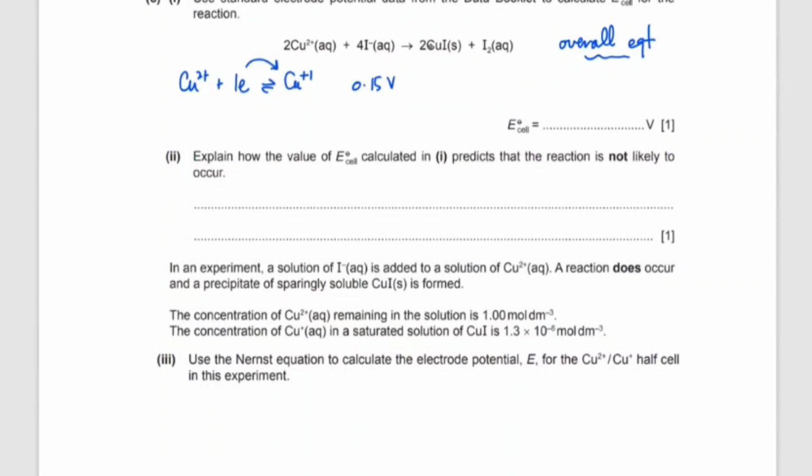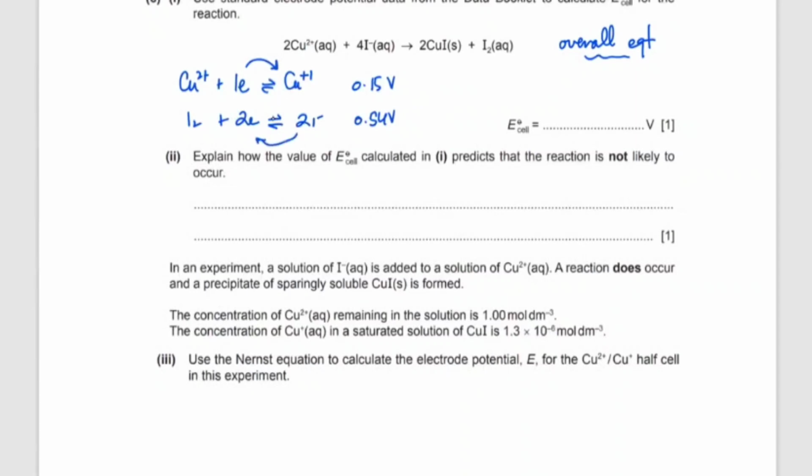I2 and I minus. So it's this one, 2I minus to I2, and the value is 0.54. And this electrode, I minus to I2, means in the reaction it's going in the backward direction.